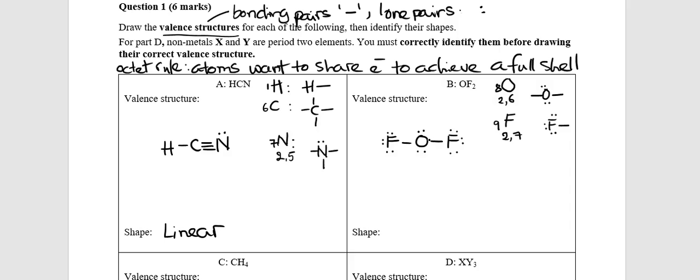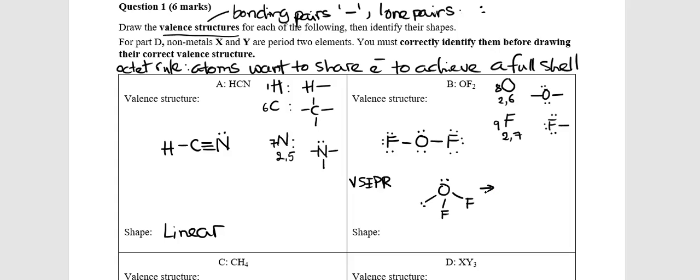Oxygen is the central atom, and according to VSEPR, it needs to arrange these pairs of electrons around it in a way that the pairs of electrons are as far apart as possible. So if we think about the electron configuration, the electron configuration will be tetrahedral, so it needs to have 2 lone pairs of electrons and 2 bonding pairs of electrons, which are bonded to fluorine atoms.